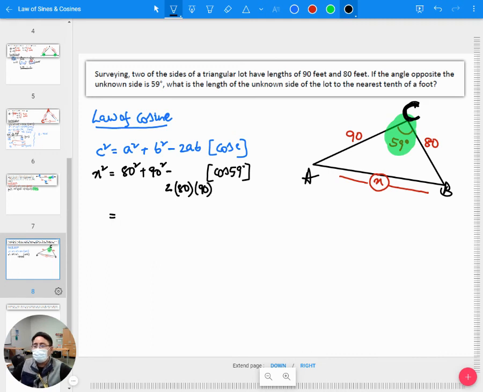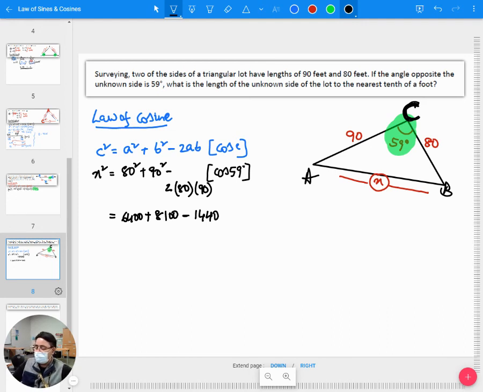Now let's grab the calculator and compute what 80 squared is: 6,400. 90 squared is 8,100, minus 2 times 80 times 90. Let me check: 2 times 80 times 90.